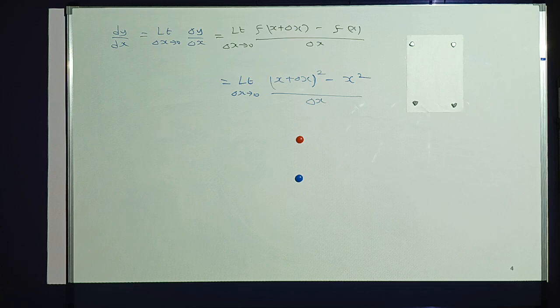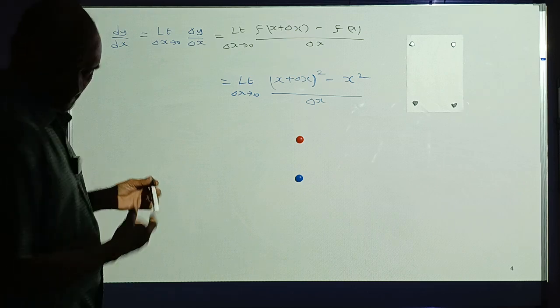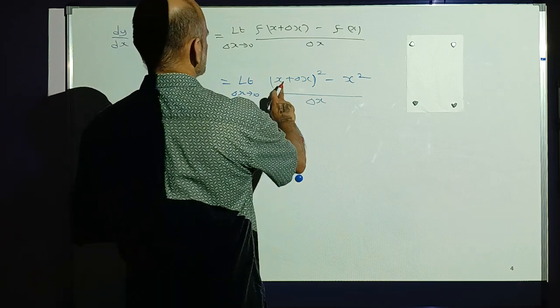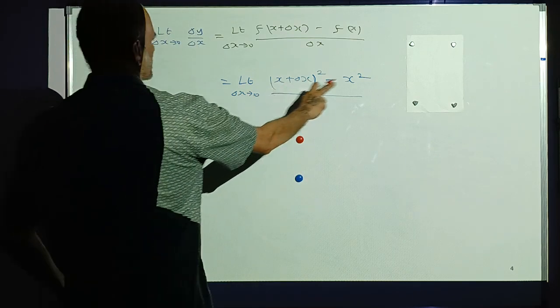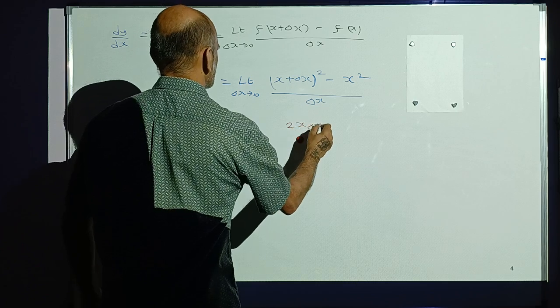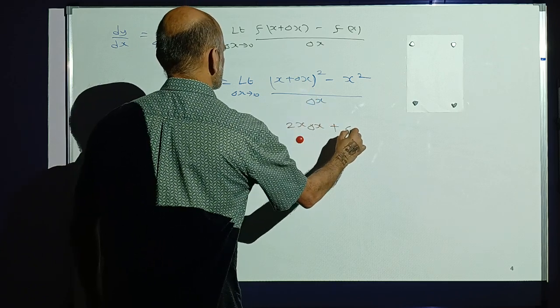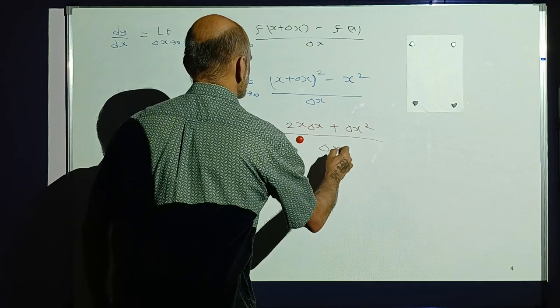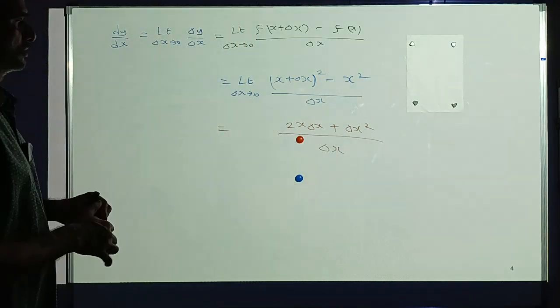This can be simplified. This is a plus b whole square, so it will be a square, this will cancel, and the cross term 2x delta x plus the second term square, divided by delta x, and the limit has to be put.